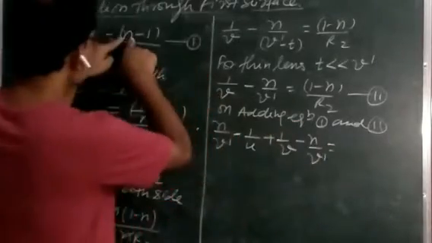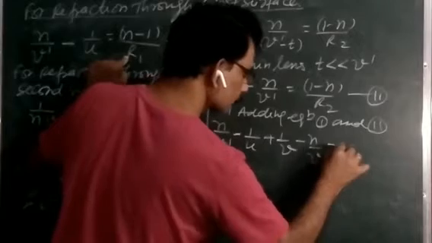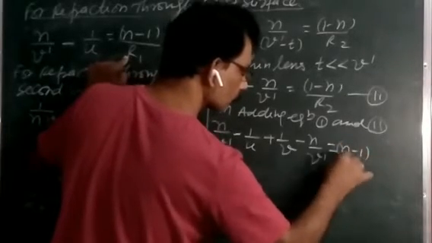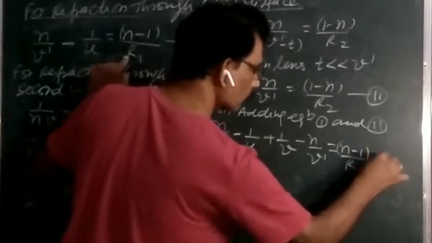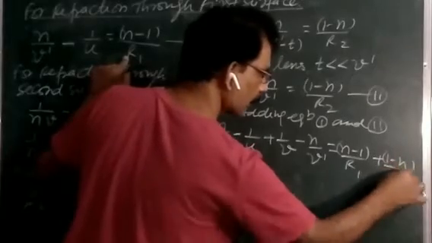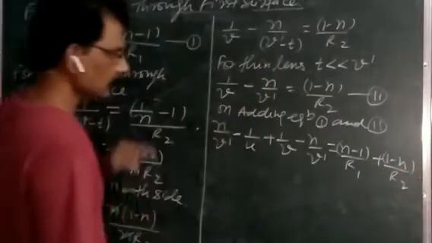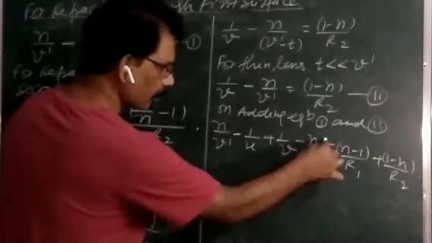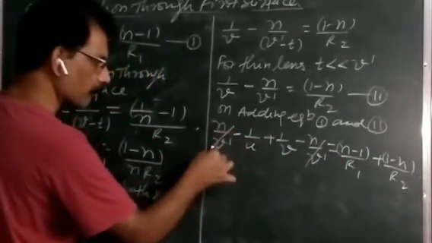This must be equal to n minus 1 upon r1 plus 1 minus n upon r2. This one. And now see here, minus n upon v dash is cancelled by plus n upon v dash.